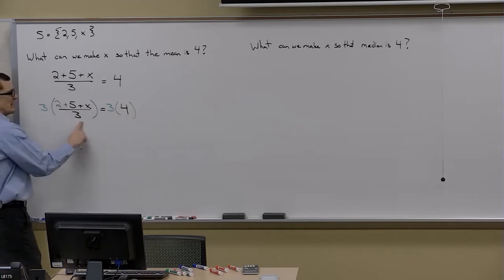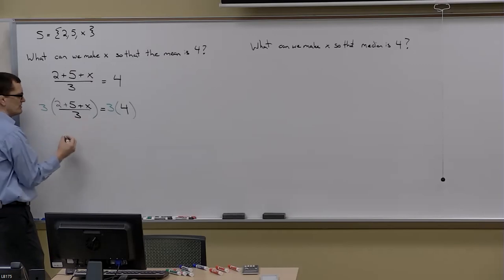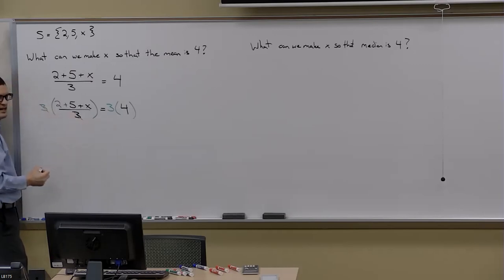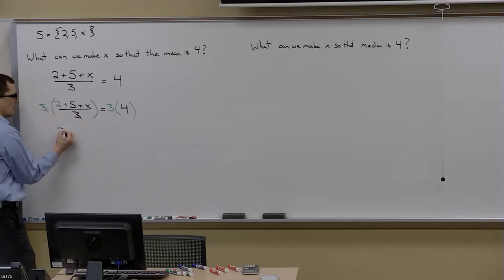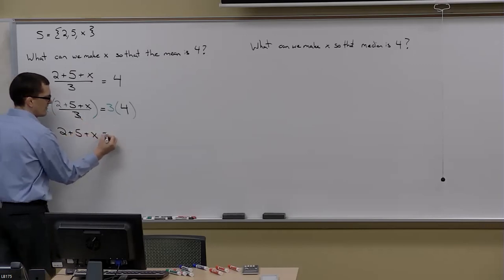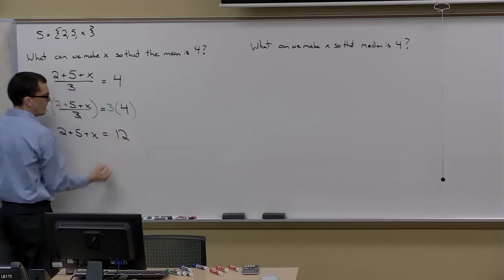So I clear that denominator by multiplying both sides by 3. This 3 and this 3 cancel out on the left-hand side. And we end up with 2 plus 5 plus x has to be 12.